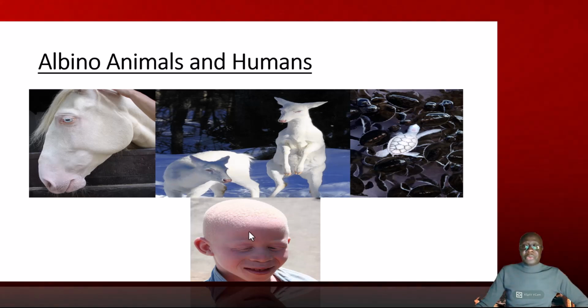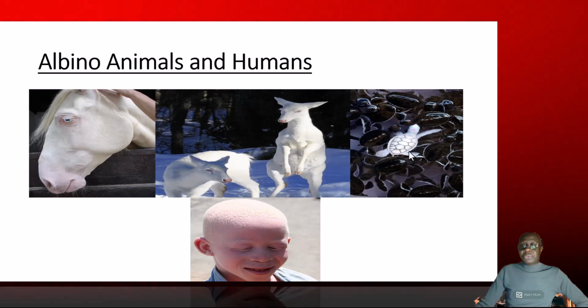That's an albino human. It's very rare for you to see albino animals because animals live in the wild, and they are hunted by other animals to eat them, because the wild is like a predator and prey. Predators prey on other animals to have something as food.